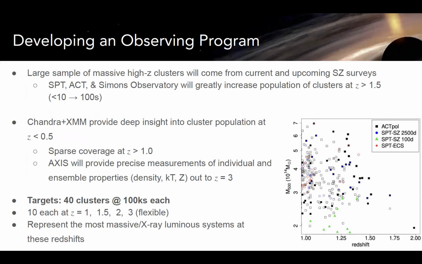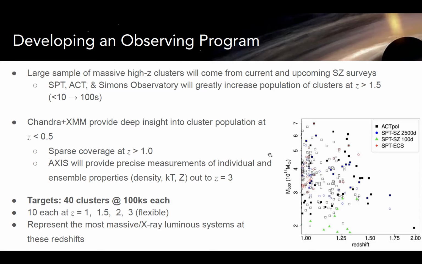And as evidenced by this plot on the lower right, while we really only have a handful of high redshift clusters, particularly those with X-ray follow-up, the South Pole Telescope, Atacama Cosmology Telescope, and Simons Observatory are going to greatly increase the population of massive clusters at redshifts of 1.5 that will be primed for X-ray follow-up with AXIS.